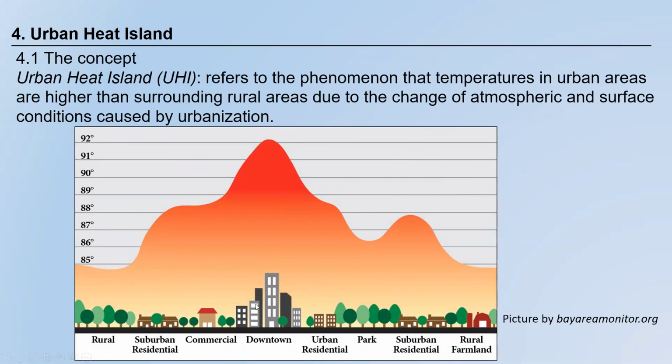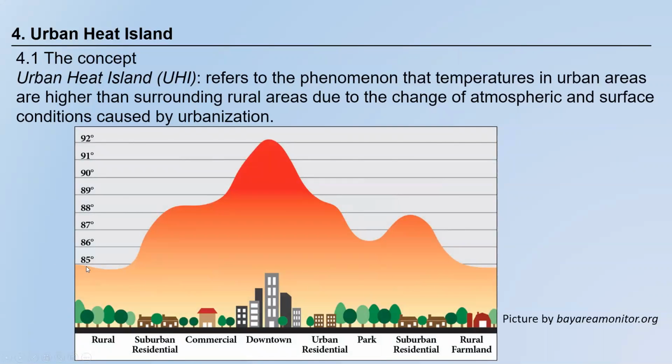So here, this is downtown. It is surrounded by commercial areas, urban residential, maybe some parks, and then we go to suburban residential. And if you continue to drive away from downtown, then you eventually go to rural areas, right? And this is a profile or cross section of a typical city around the world.